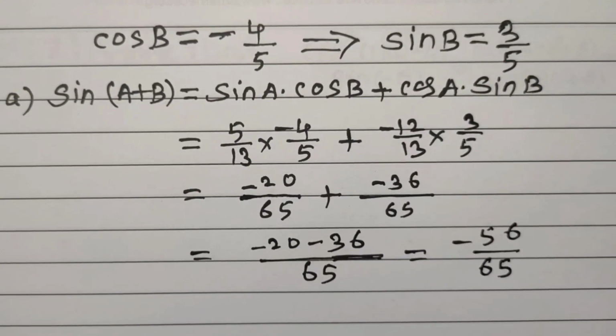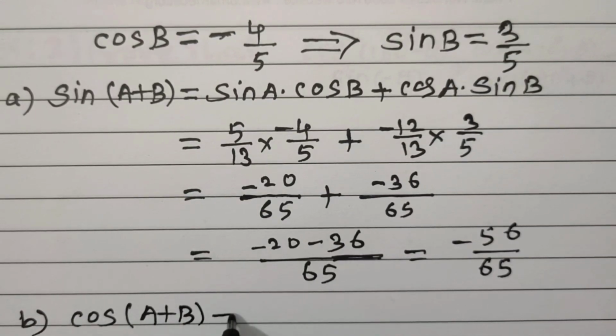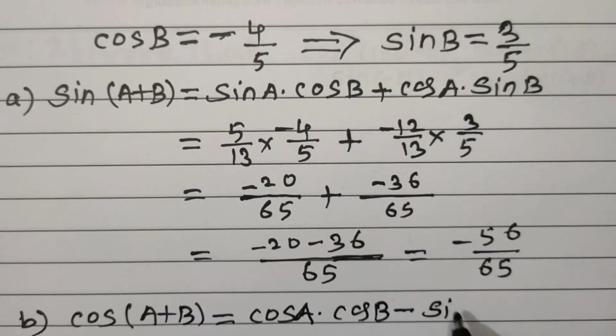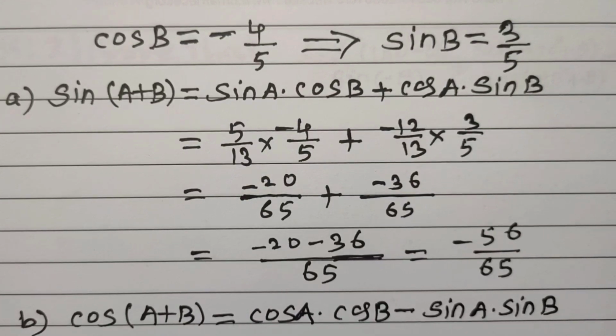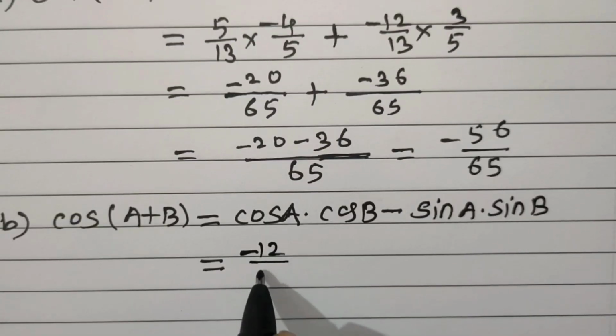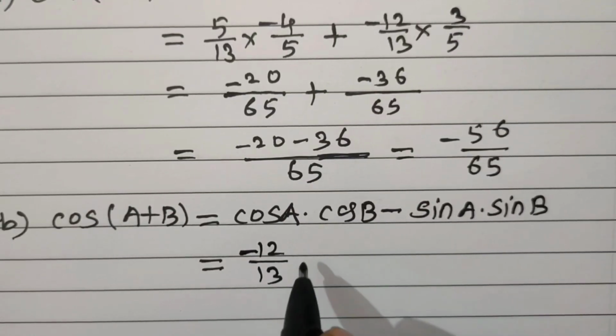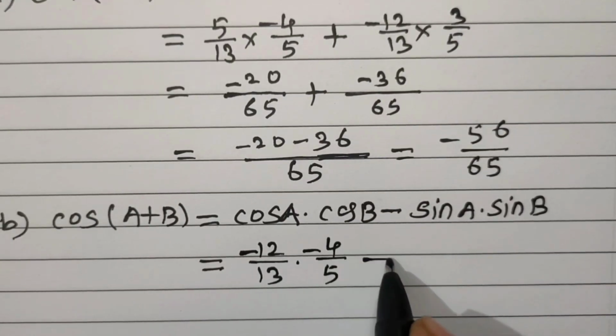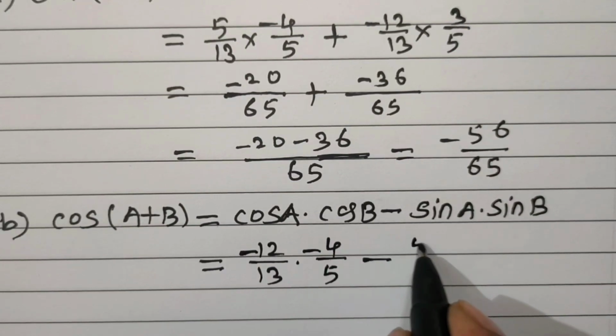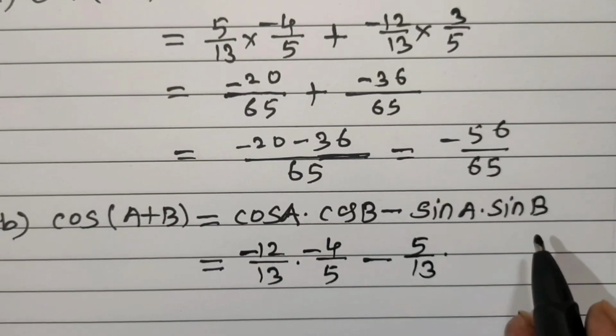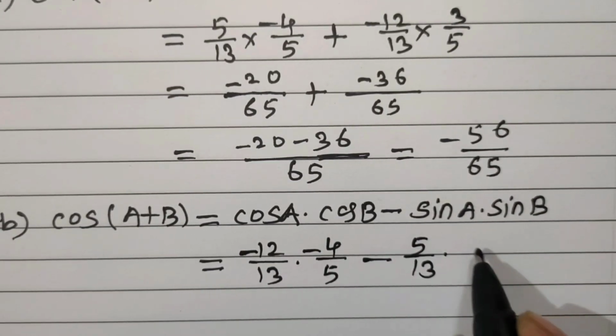Let us find the value of the second statement, that is cos of A plus B. Cos of A plus B is equal to cos A into cos B minus sin A into sin B. So this is equal to cos A is minus 12 upon 13 into cos B is minus 4 upon 5, minus sin A is 5 upon 13 into sin B is 3 upon 5.